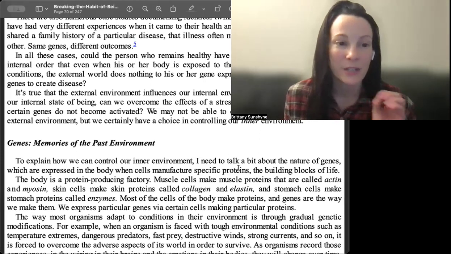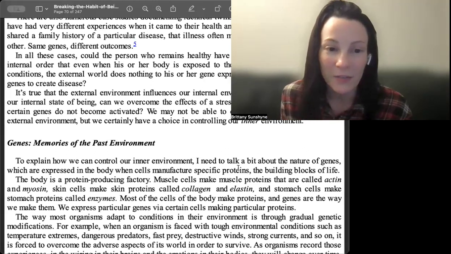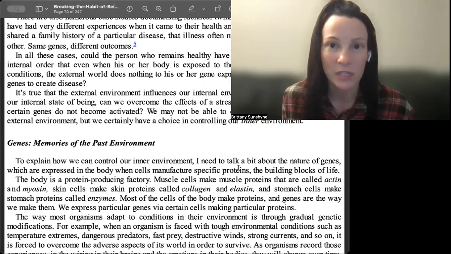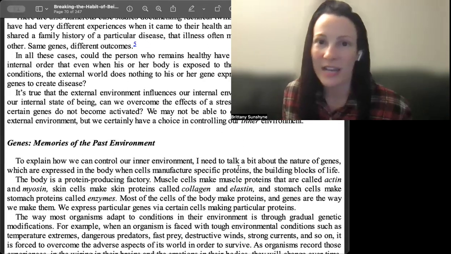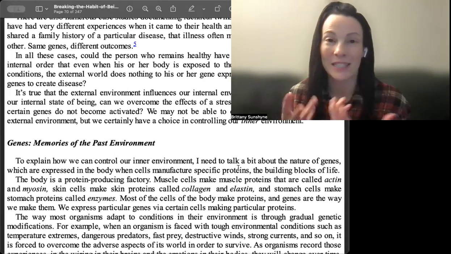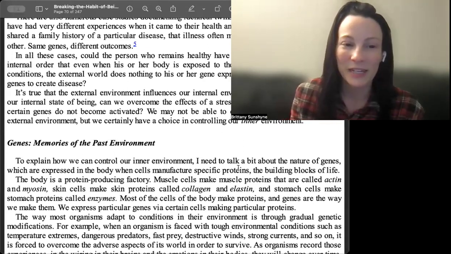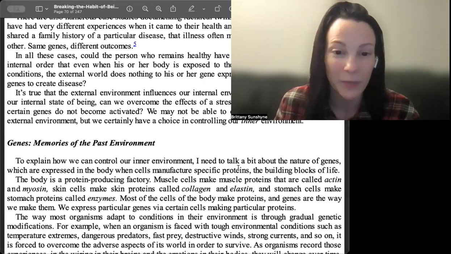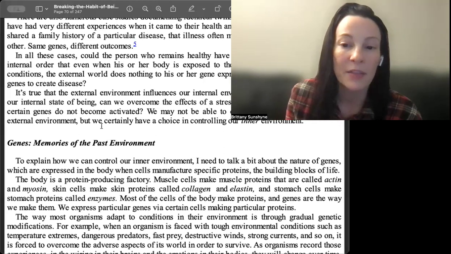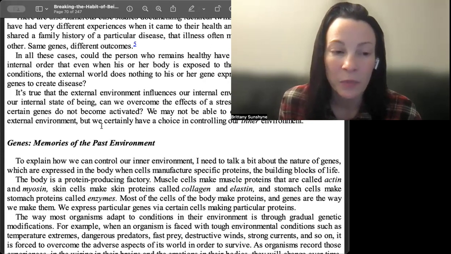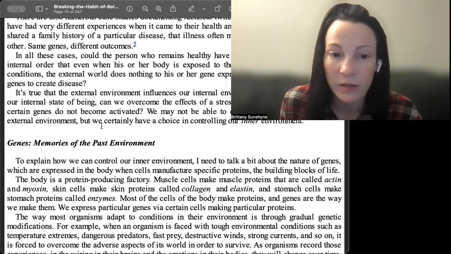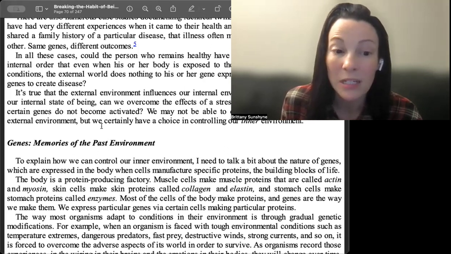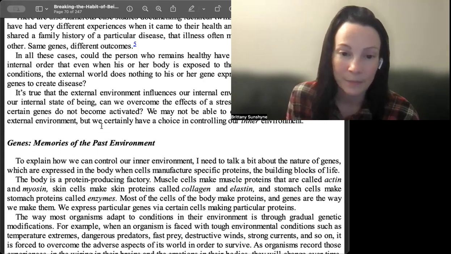All right, let's get into it. Genes, memories of the past environment, like genes as in your genetics and the ones that you live in. To explain how we can control our inner environment, I need to talk a bit about the nature of genes, which are expressed in the body when cells manufacture specific proteins, the building blocks of life. The body is a protein producing factory.